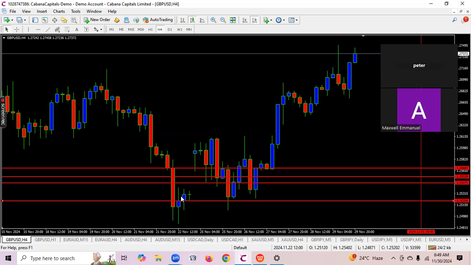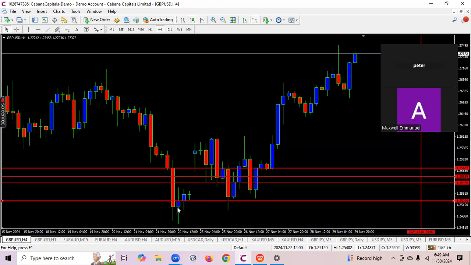I believe you are able to identify the closing of the candle and the opening of the candlestick. This is the opening. Remember, this is a bullish candle, so the closing price is always above the opening price. So this is the opening price of this candle, and this is the closing price. And this is the highest price this asset got to during this session, and this is the lowest price it got to during this session.